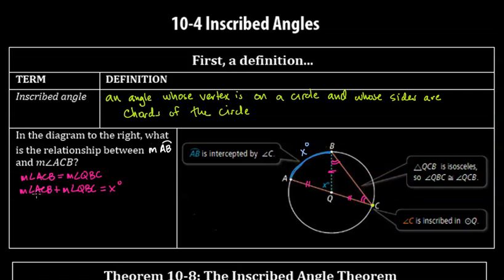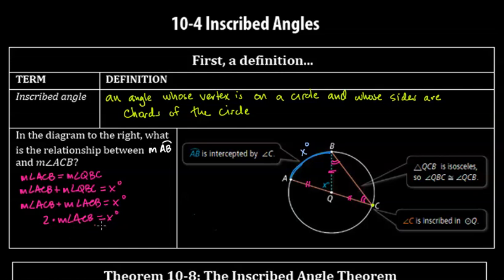But now if I take out this QBC and replace it with angle ACB, I would have a statement that says the measure of angle ACB plus the measure of angle ACB would equal x degrees. Now, if I'm adding two of the measures of angle ACB, I could look at that as saying 2 times the measure of angle ACB is x degrees.